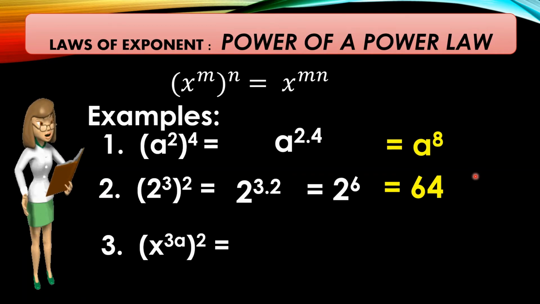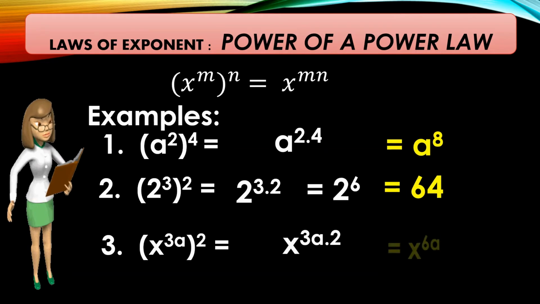Number 3 is x raised to 3a quantity squared is equal to x raised to 3a times 2. And the final answer is x raised to 6a. So these are the power of a power law.